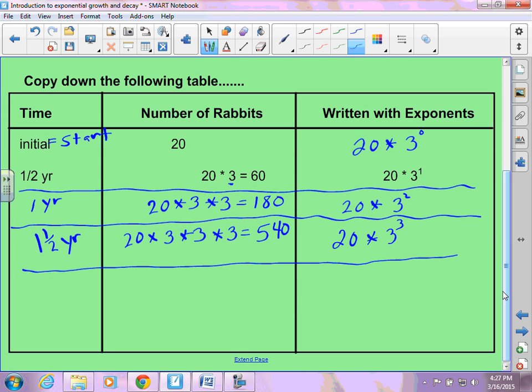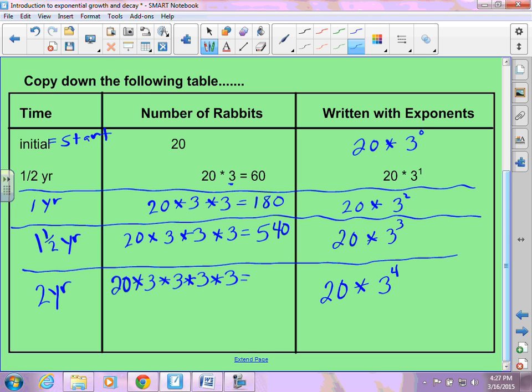Now we got to go 6 more months. So of course that gets us to our 2-year mark. We're going to write it as 20 times 3 times 3 times 3 times 3. Okay, which of course is a lot to write down. That's why exponents are so helpful. It's 3 to the 4th because there's 4 3s.